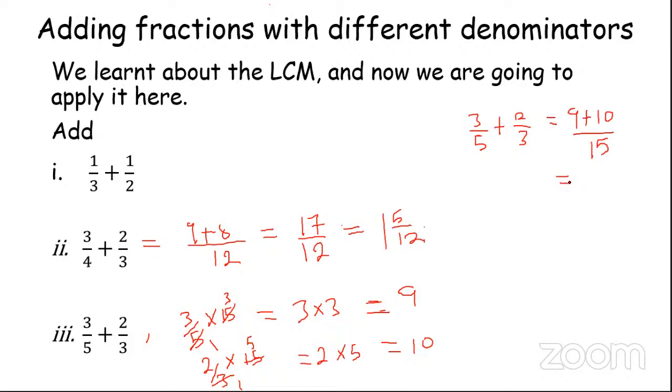What is 9 plus 10? 19. Then we divide this by 15. Then if we reduce it further, what would be our final answer?